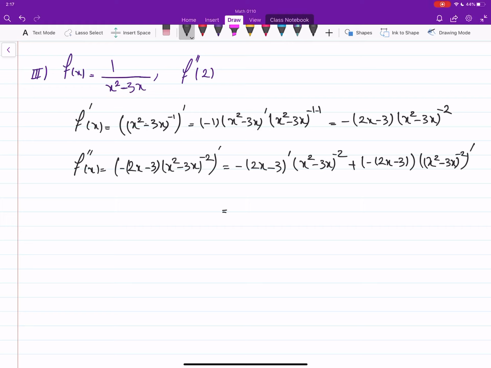This gives us negative 2 times (x squared minus 3x) to the power negative 2. And then here we will get negative (2x minus 3), the derivative of this guy, negative 2 times (x squared minus 3x)', then (x squared minus 3x) to the power negative 3.